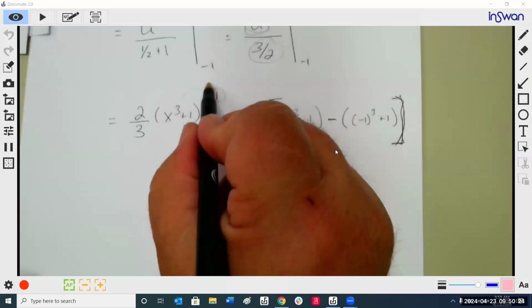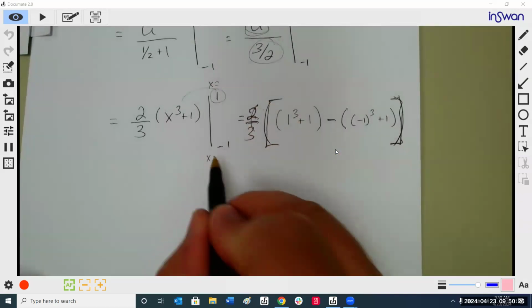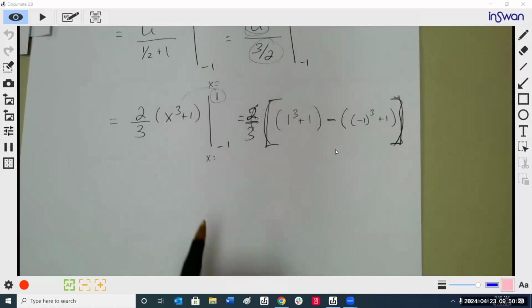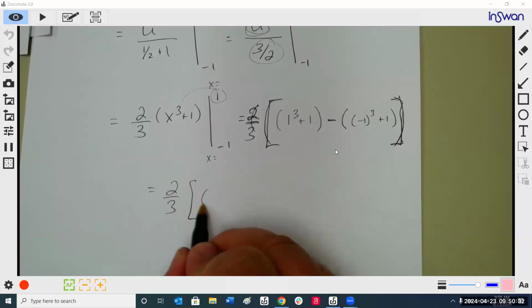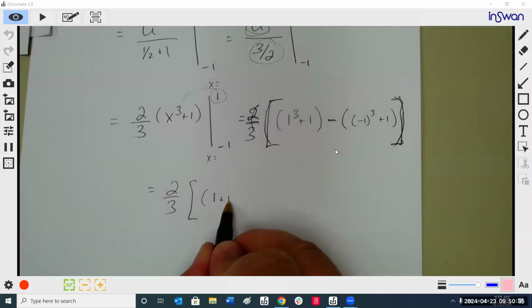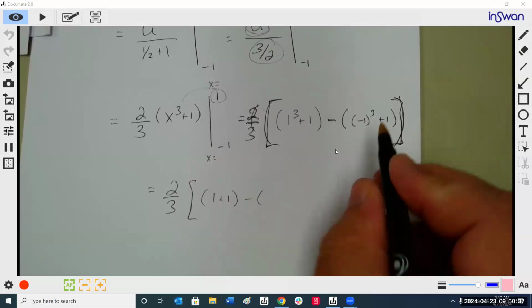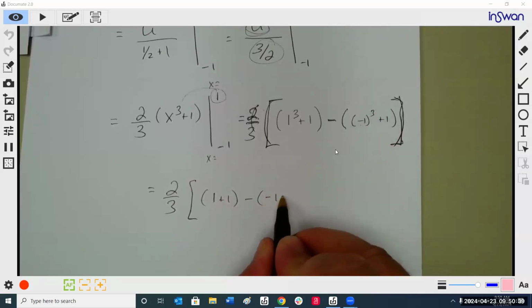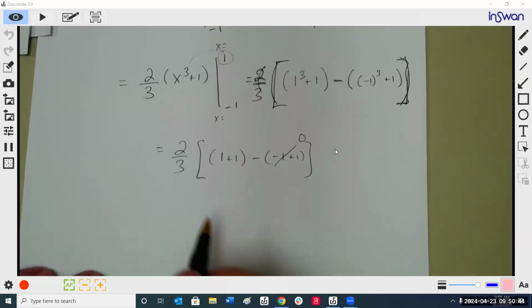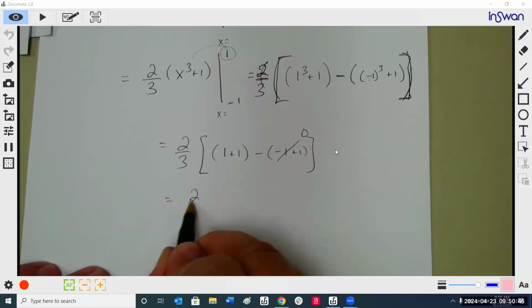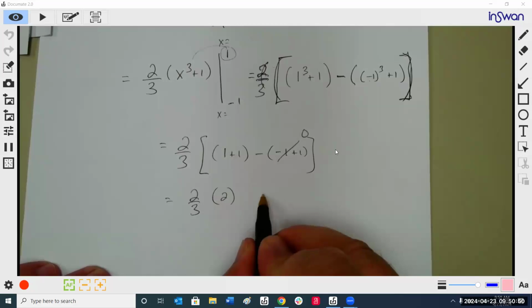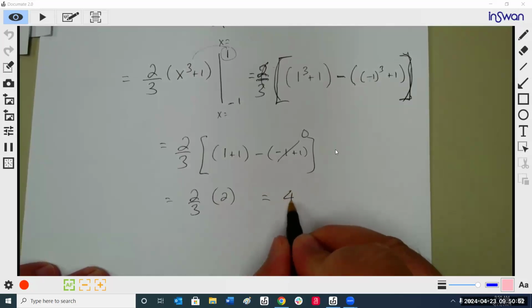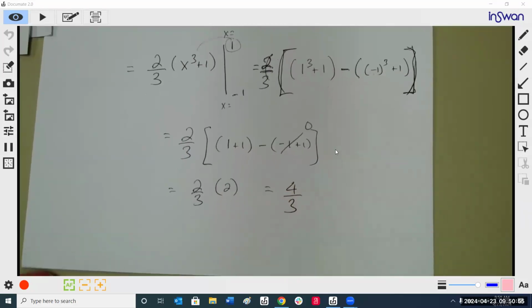So this is my x equals 1 here and x equals -1 here. That's what I put in the formula. So we have 2/3. 1 cubed is 1 plus 1. -1 cubed is -1 plus 1. That one goes to 0. 1 plus 1 is 2. So it equals 4/3.